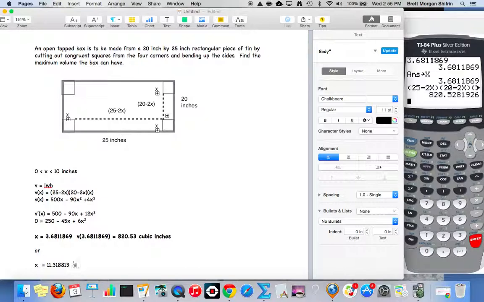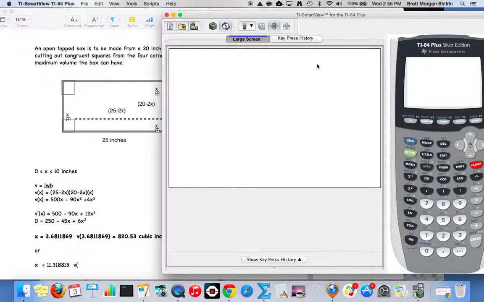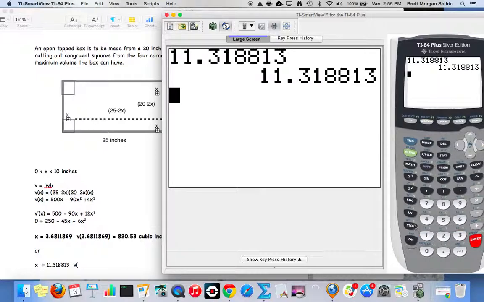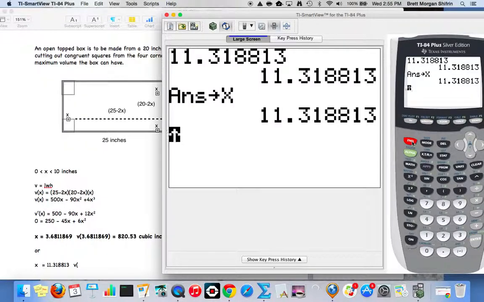Just to prove that the other one doesn't work, I'm going to do the same thing. I'm going to clear this and type in 11.318813. I'm going to store it as x. The nice thing about my calculator is if I use the second enter key, it will start telling me what I typed in.